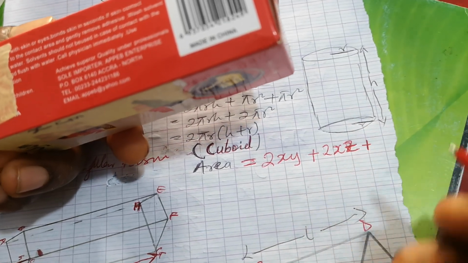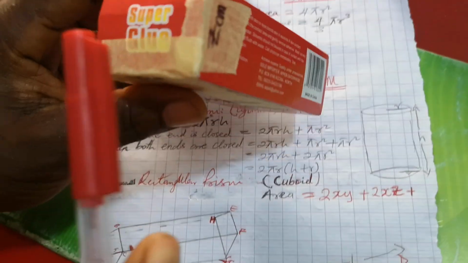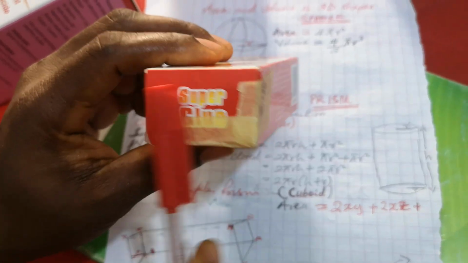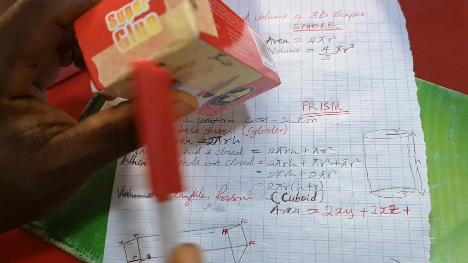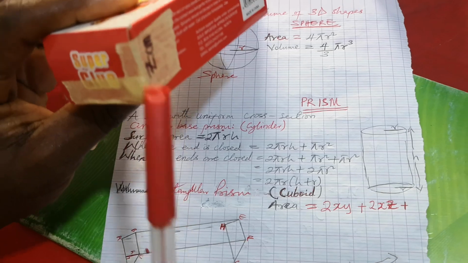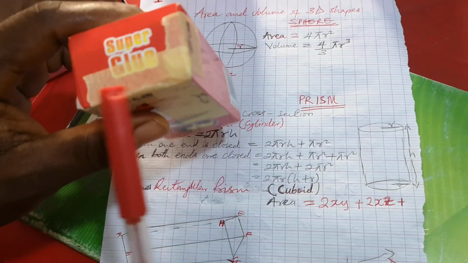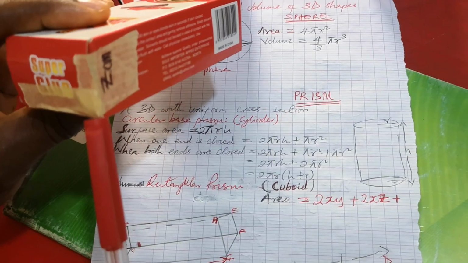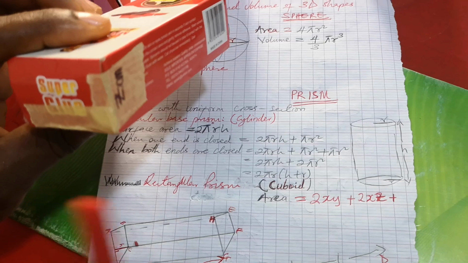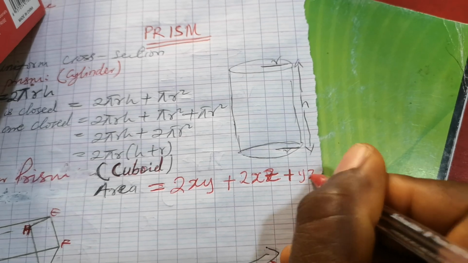Then plus, I am now coming over to this side. The area of this side is going to be z times y. The length from here to here is y, and the length from here to here is z, so the area is y times z.